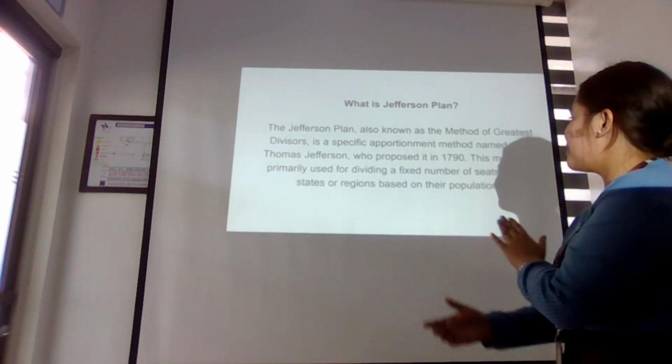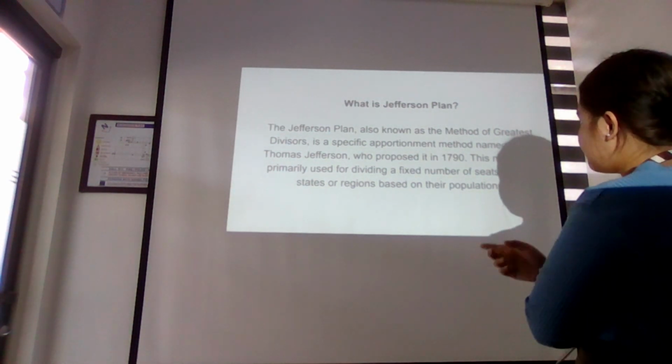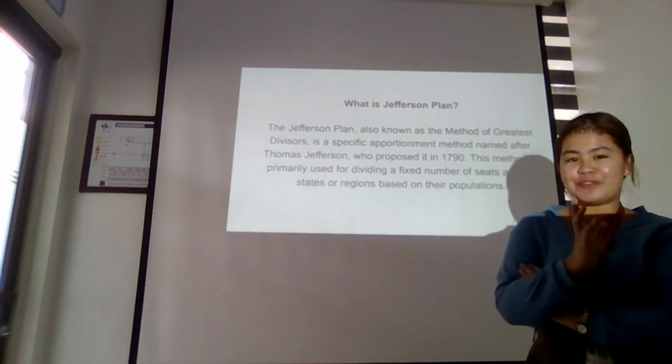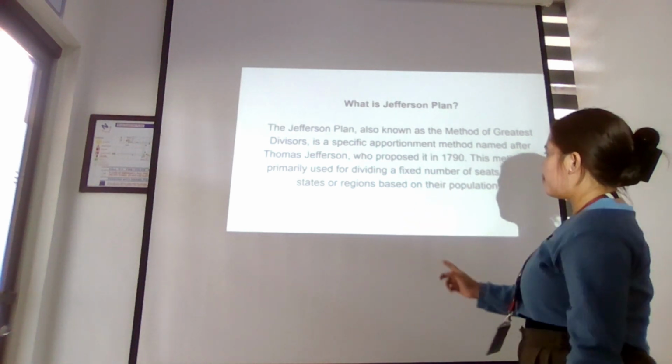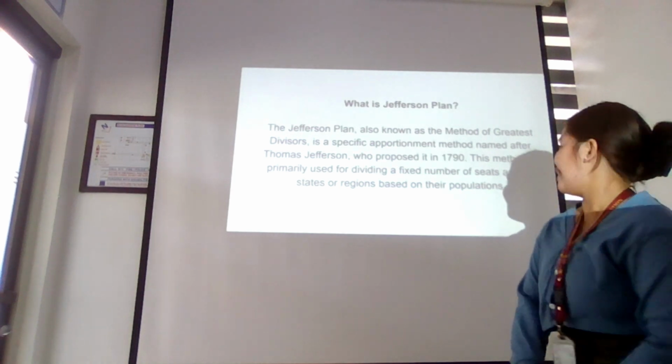How about the Jefferson Plan in the mathematical context? The Jefferson Plan, also known as the method of greatest divisor, is a specific apportionment method named after Thomas Jefferson, the person I showed you earlier, who proposed it in 1790.